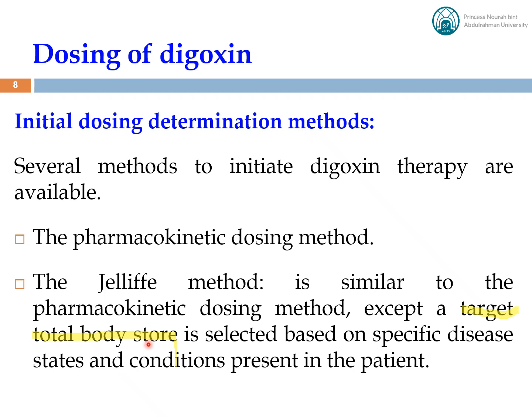Okay? So the first method, the pharmacokinetic dosing method, has been used previously with our previous examples. And the second method is the GLIF method, which, in our case here with digoxin, depends on the target total body store.